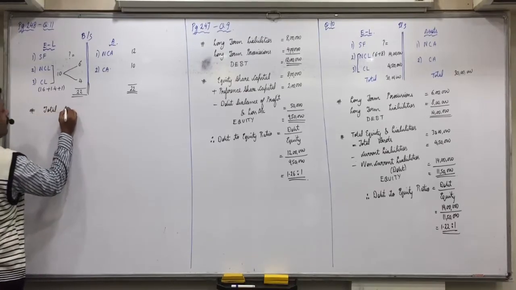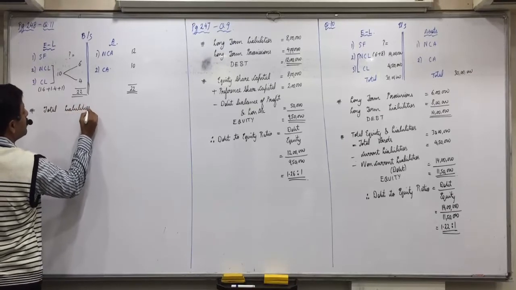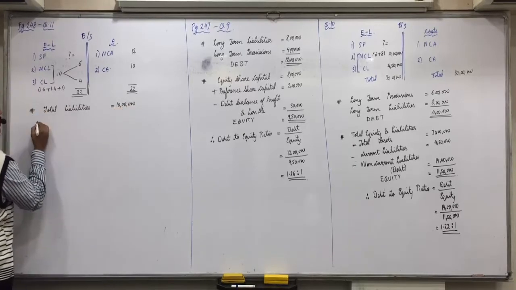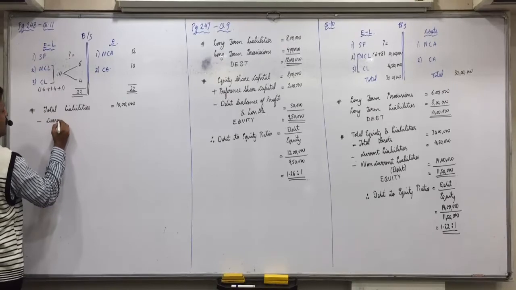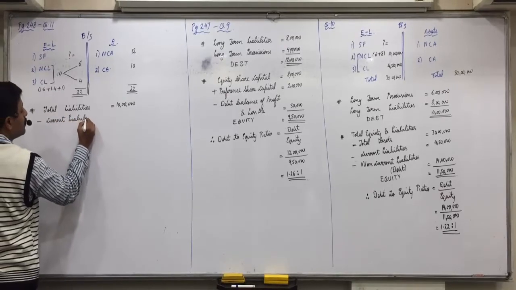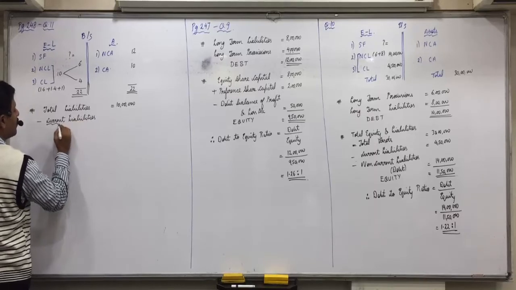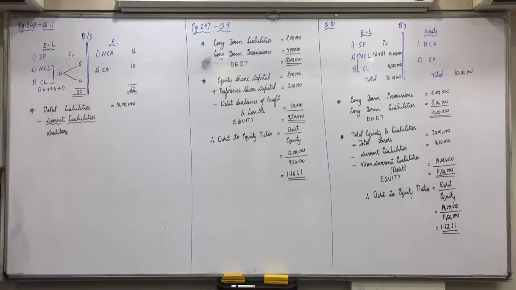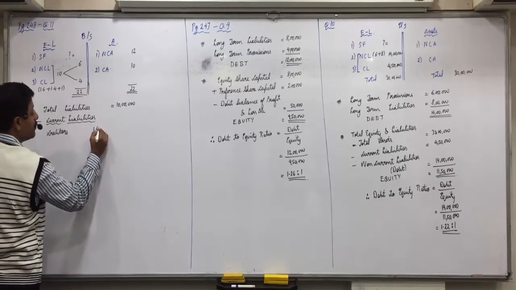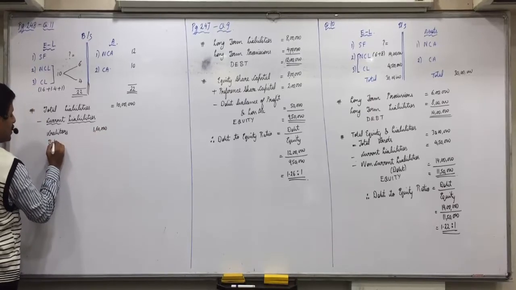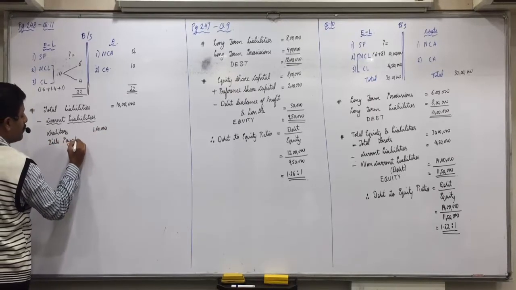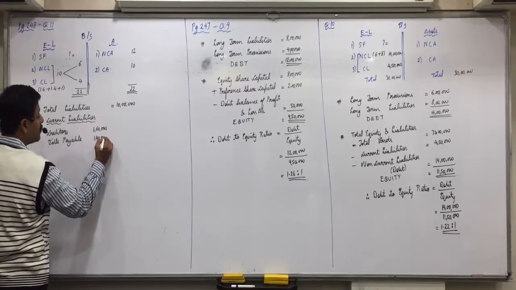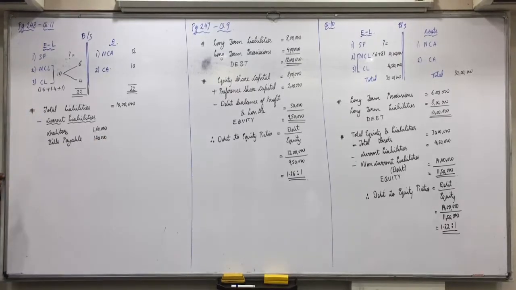Total liabilities 10 lakhs minus current liabilities, in that creditors 1,60,000, bills payable 1,40,000, outstanding expenses 1 lakh.